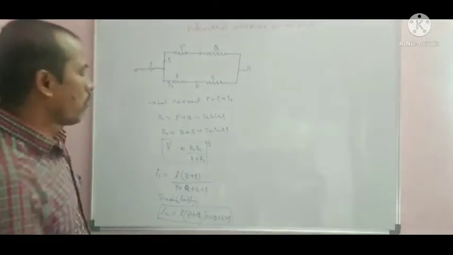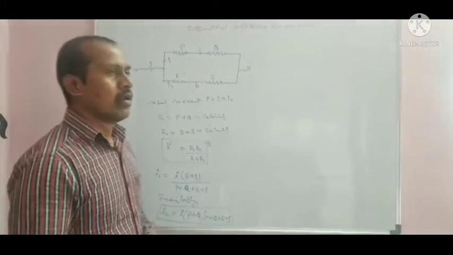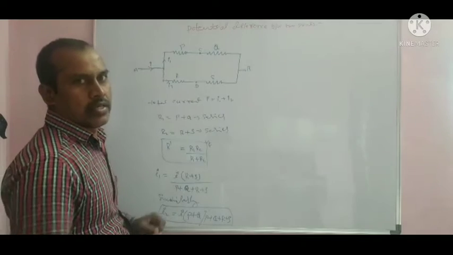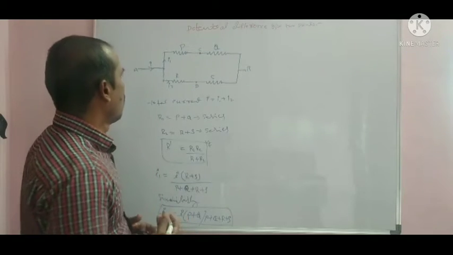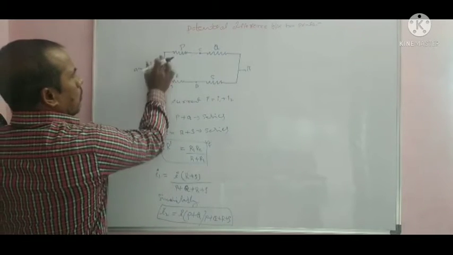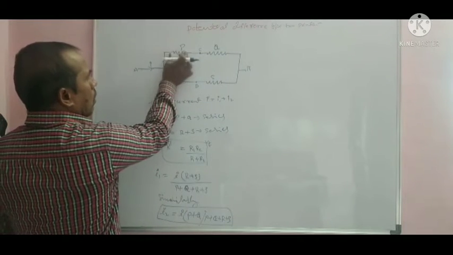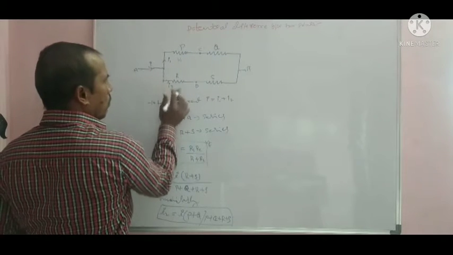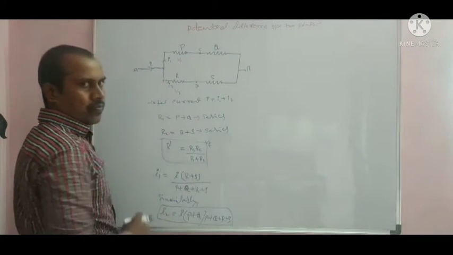Now find the potential difference between points C and D. How do we get this? The potential difference across P, for example V1, and the potential difference across R, V2.